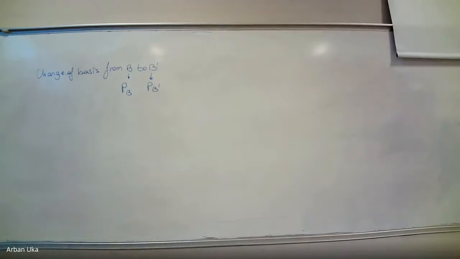So we know what these are, right? PB and PB prime, they will be the respective matrices which are composed of the vectors of the basis. So how can we change from one to the other?